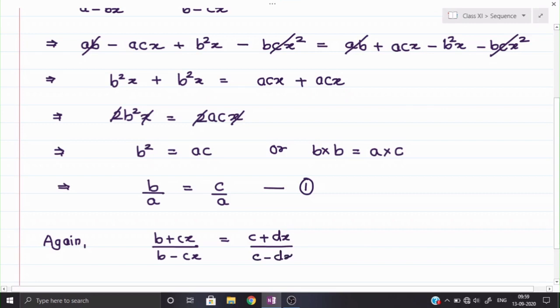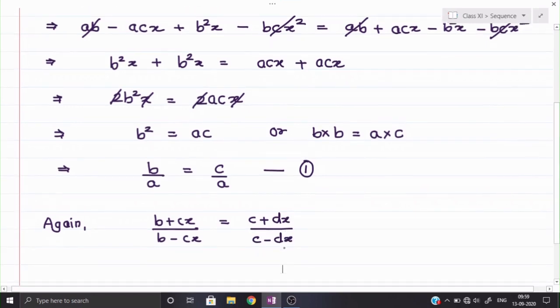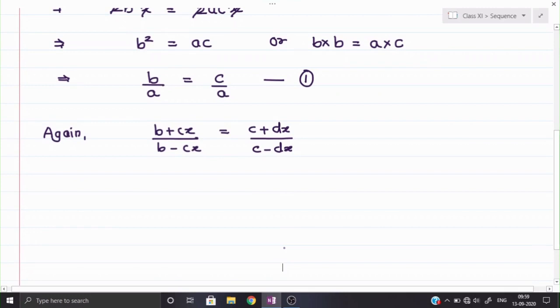One more method is there to solve this question. We can solve it by componendo and dividendo also. So if you are comfortable to apply the rule of componendo and dividendo, you can easily apply it and you can get the answer. Since in the NCERT syllabus till class 10, componendo and dividendo is not given to us, that's why I am solving by the method which you have done earlier.